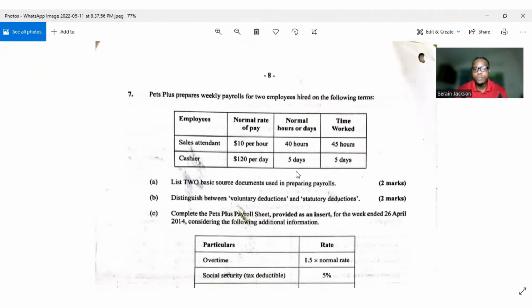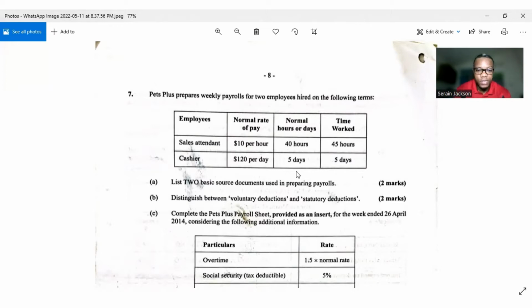The normal rate of pay is $10 for the sales attendant and $120 per day for the cashier. The normal working hours, or days, for the sales attendant is 40 hours, for the cashier is 5 days. And then in the last column, they give us the time that they work. So the sales attendant worked 45 hours, obviously would have done 5 hours overtime. Cashier works 5 days. No overtime there, no extra time.